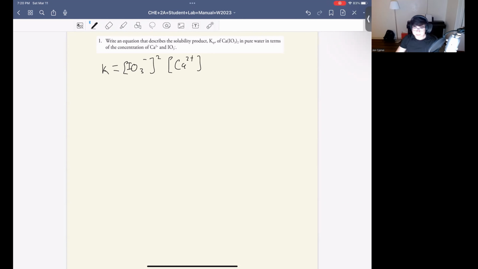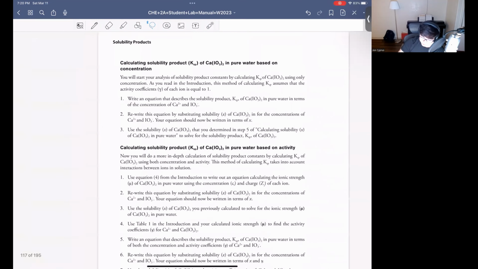This is because if you write the dissociation of calcium iodate, you get 2 iodate ions. That's why this is squared. And then you get 1 calcium ion here. So this is your KSP expression. That's it for number 1.